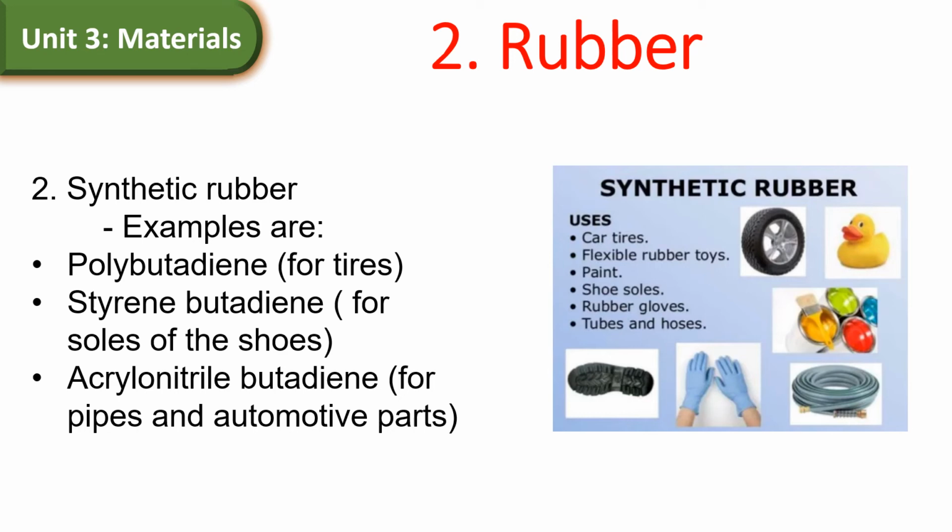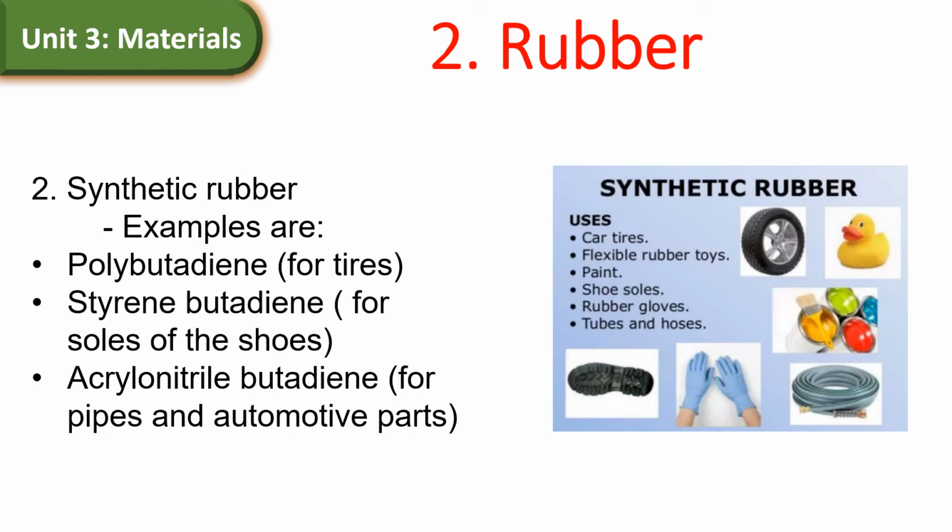Remember that natural rubber breaks easily in a cold area, right? However, synthetic rubber doesn't break even in a very cold place. Your synthetic rubber is like an improved or better version of your natural rubber.